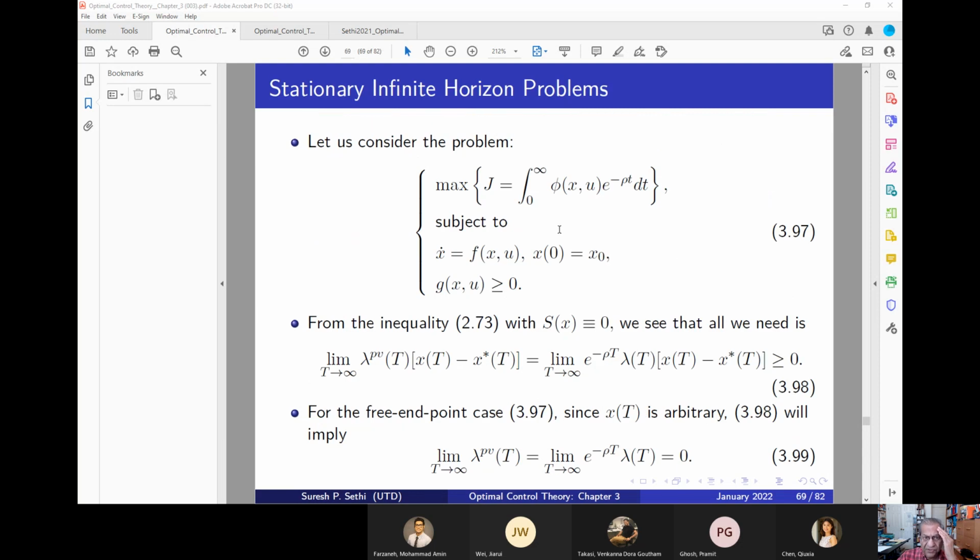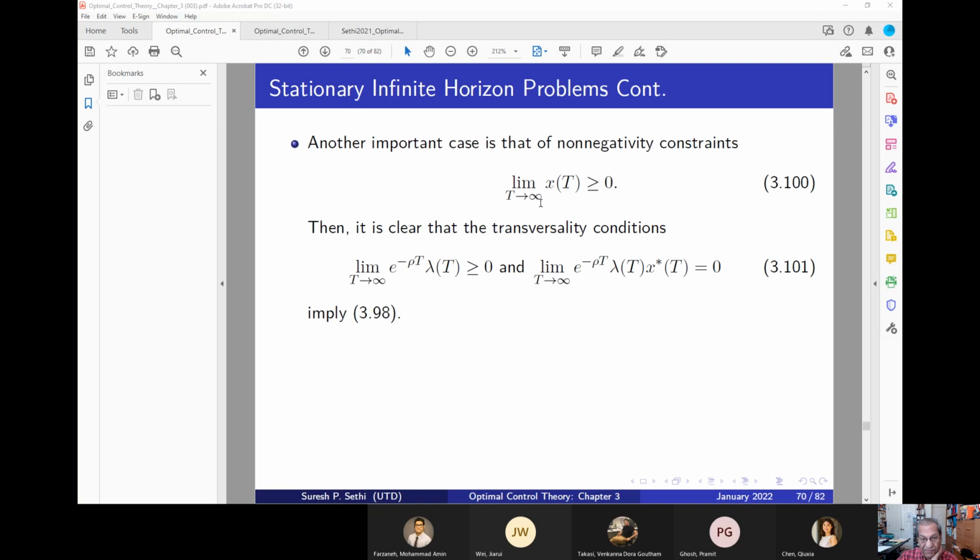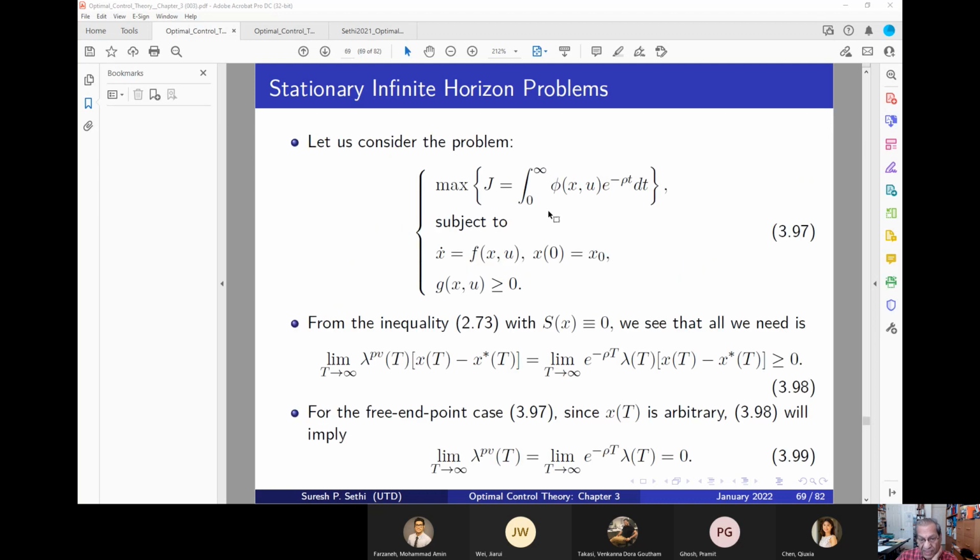So here's a stationary infinite horizon problem. Remember, I don't have a t anymore here, but there's a t here, so it's not autonomous, but you will see it's stationary when we find the maximum principle.